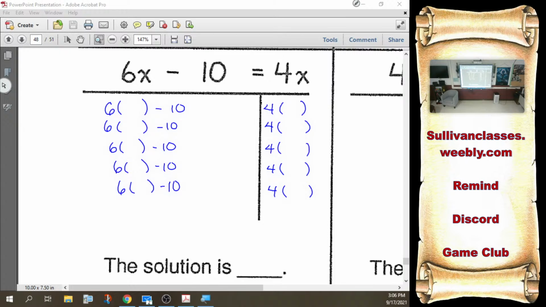Negative 4, right? 6 minus 10 is negative 4. No, you made a mistake with signs. Negatives are the bane of the math student's existence. It happens. I'm the teacher. Look at that board. I screw up all the time. You learn something from it. It's not a big deal.